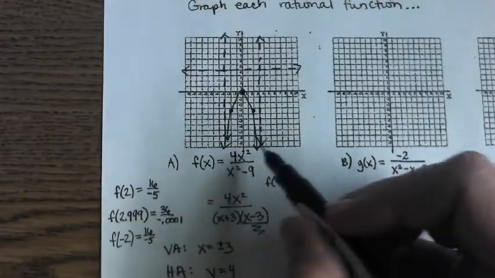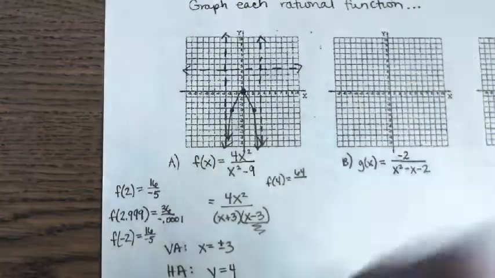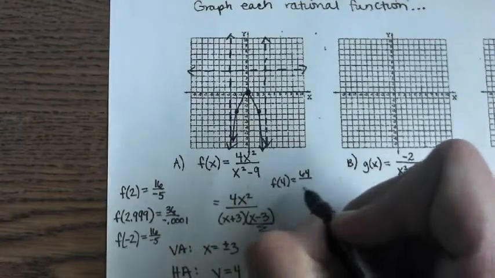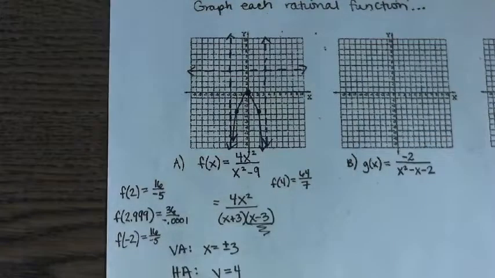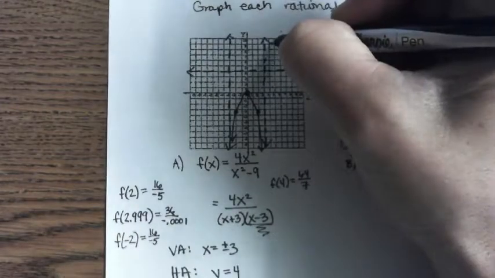So 4 times 4 squared is 16 times 4, 64 over 4 squared minus 9. 16 minus 9 is 7. 64 divided by 7 goes in 9 and change, right? So 4 and then a little past 9.